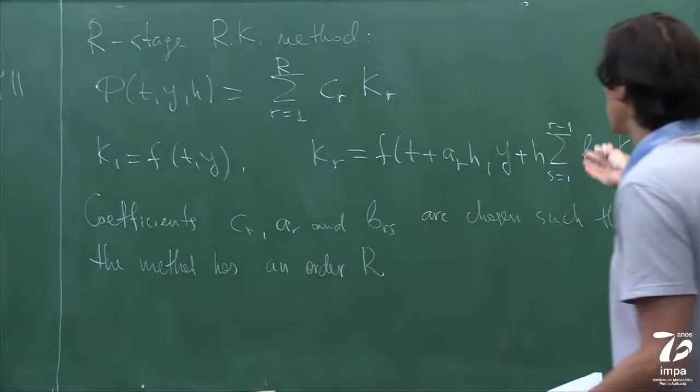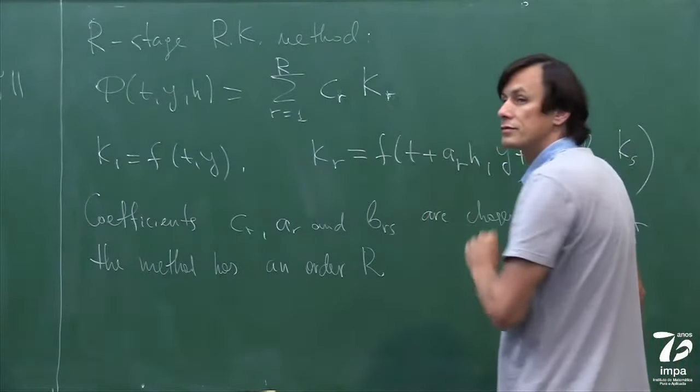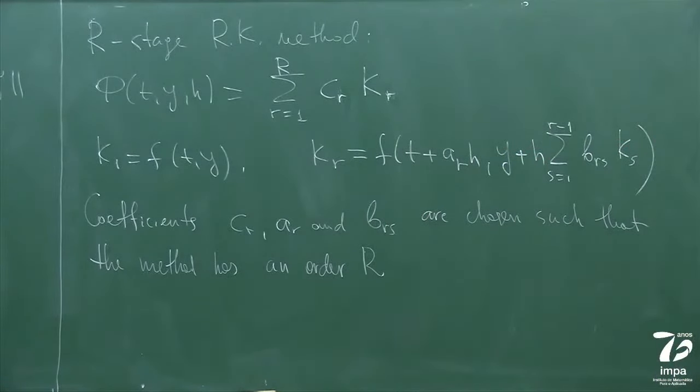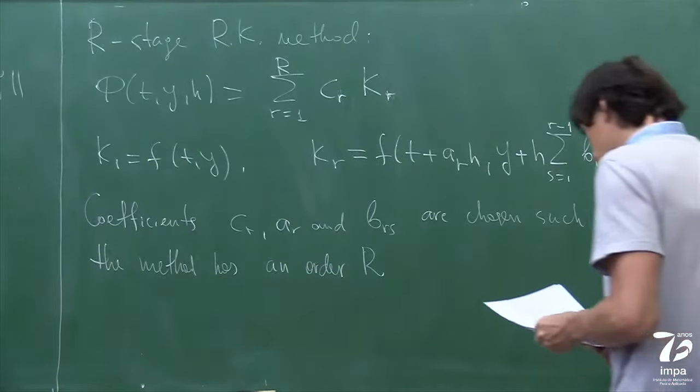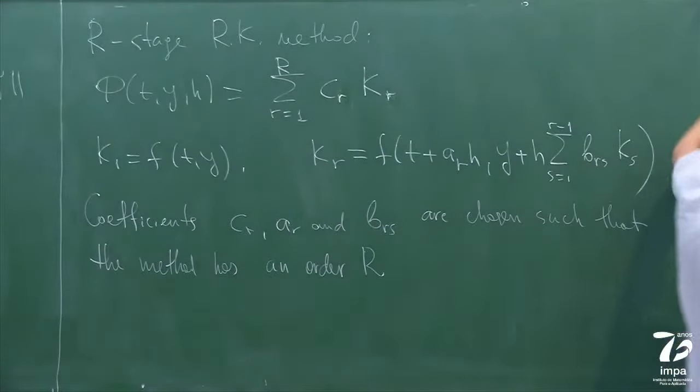So we need to choose coefficients such that it gives you a certain order. So how to choose? Well, the choice can be done just case by case.